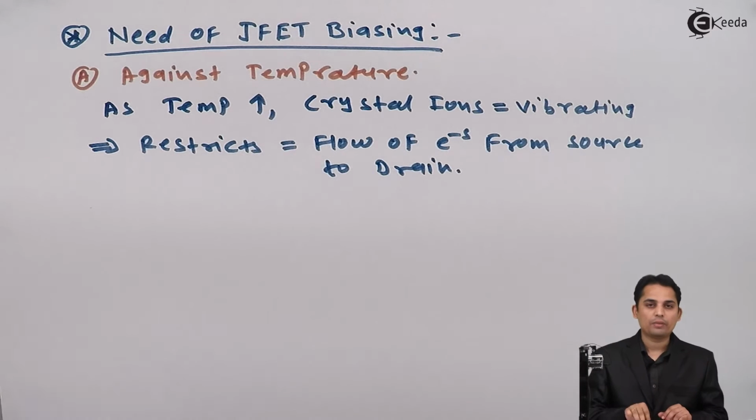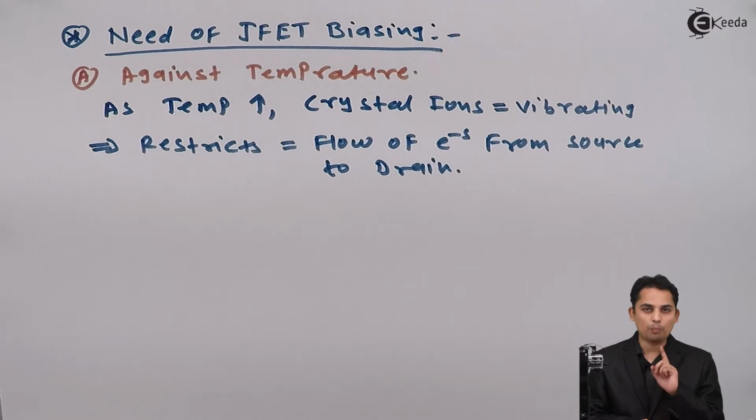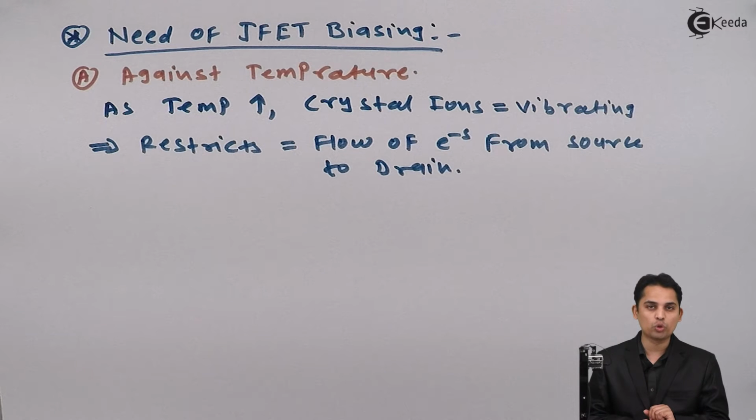Now again, as temperature is increasing, crystal ions in JFET start vibrating. This will oppose or restrict the motion of the electrons from source to drain. As electrons are not able to go from source to drain, drain current will start decreasing.